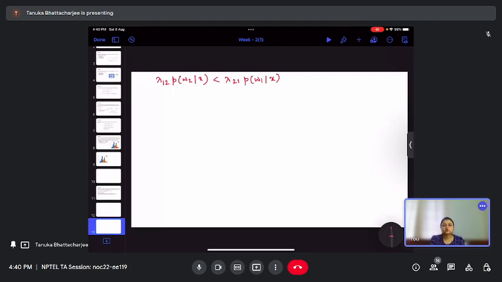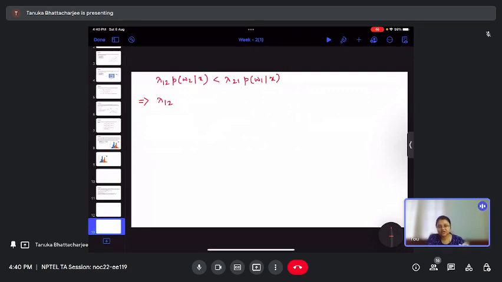This probability of omega 2 given x and omega 1 given x, these are basically the posterior probabilities. So, as we know, we can express these posterior probabilities as the class conditionals and the prior probabilities. We can use class conditional and prior probability to express the posterior probability.